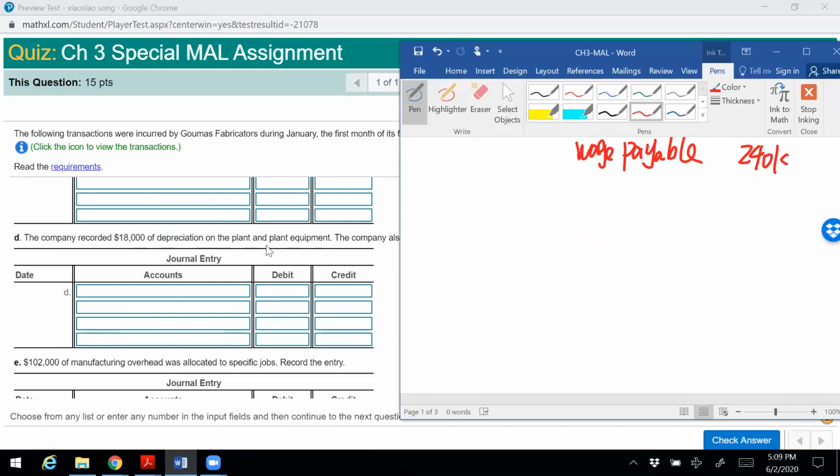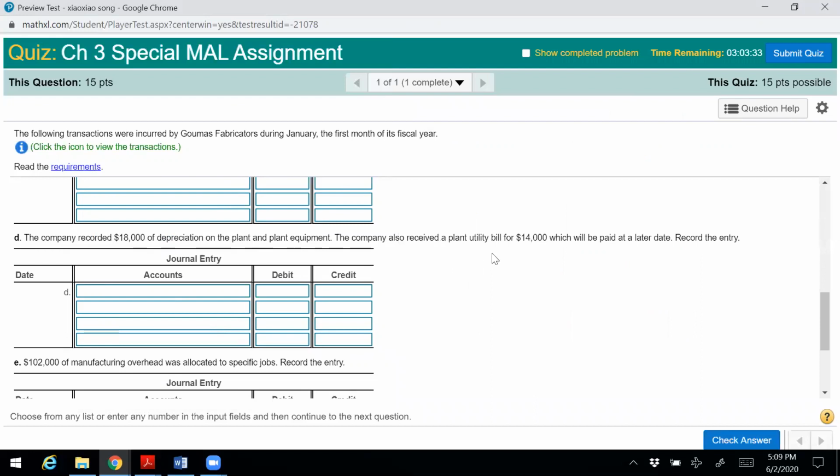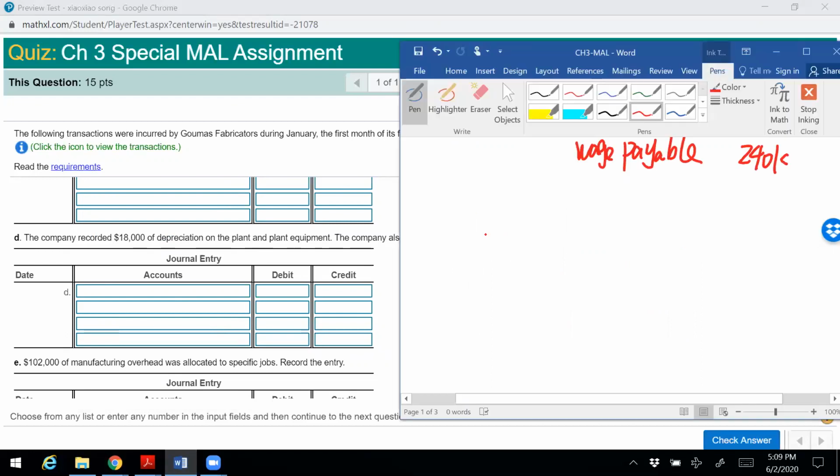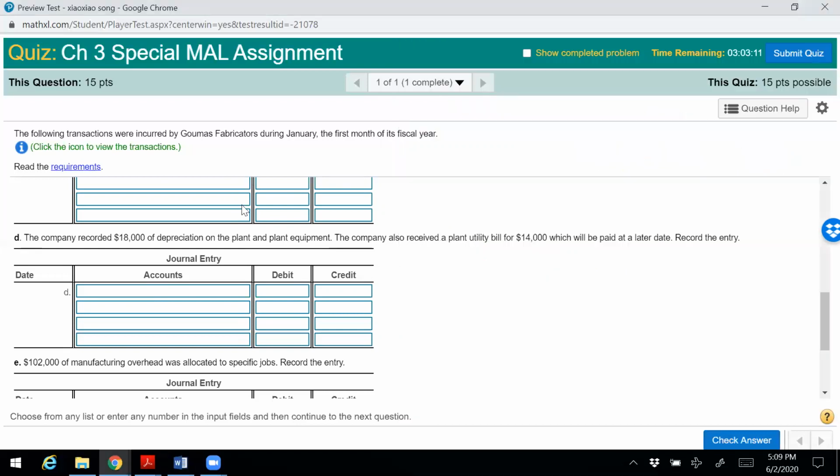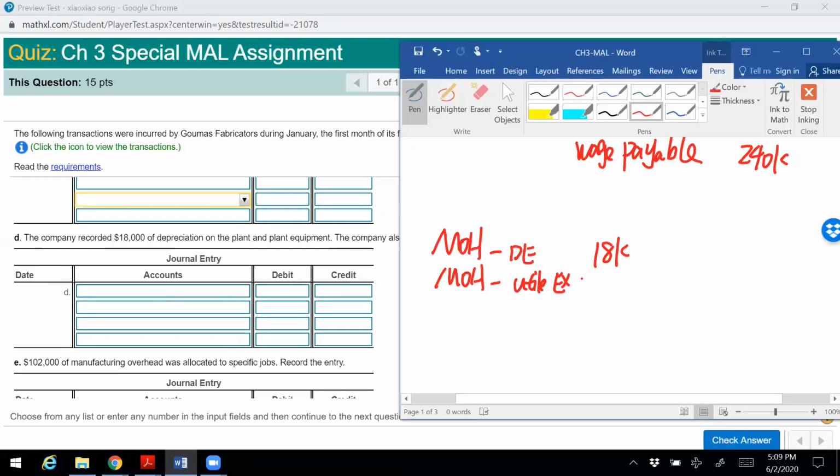You have depreciation expense and utility expense, so you debit manufacturing overhead: part is depreciation expense, 18,000, and part is utility expense, 14,000.